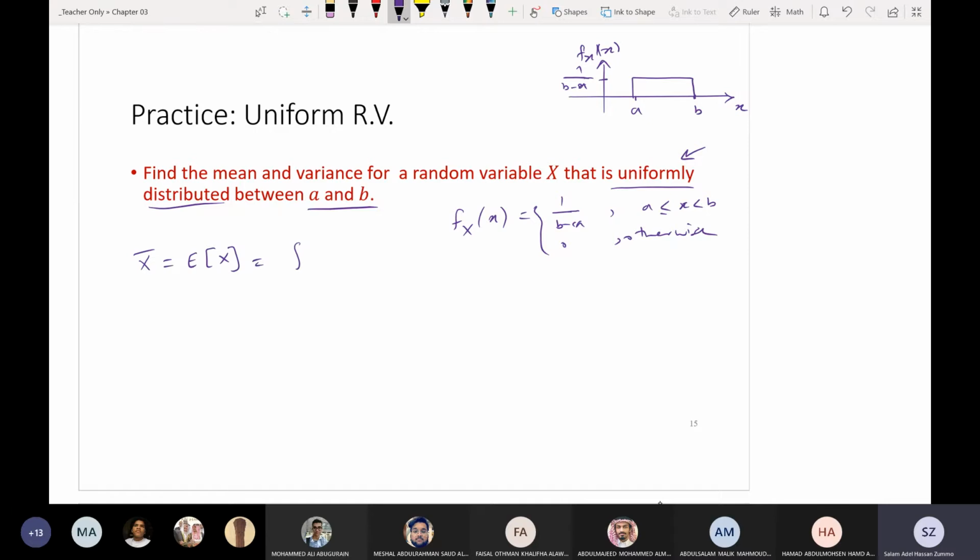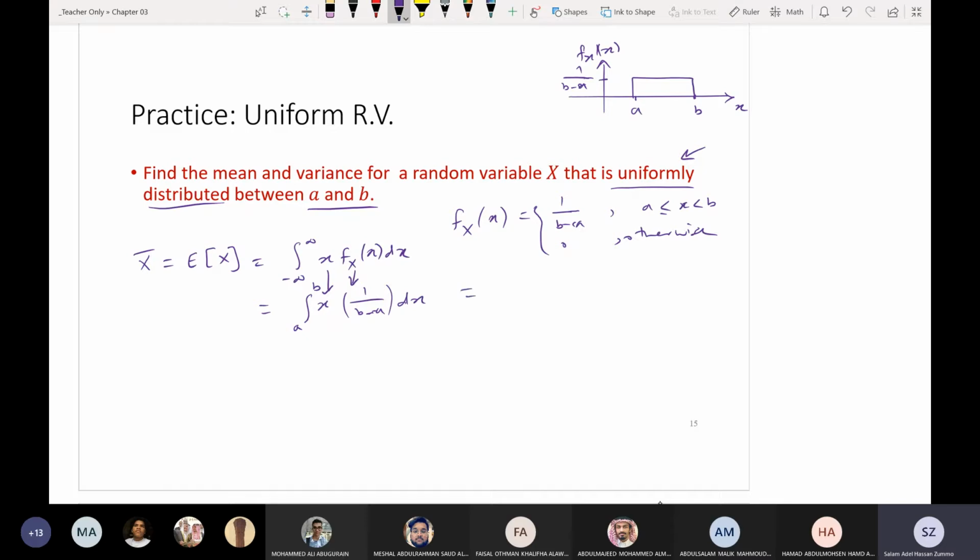Simply, it's the integral from minus infinity to infinity. We start with the definition, right? Now we use what is fx. What is fx of x? It's 1 over b minus a, right? However, this is only in the range of a to b, and we still multiply by x as it is, dx.